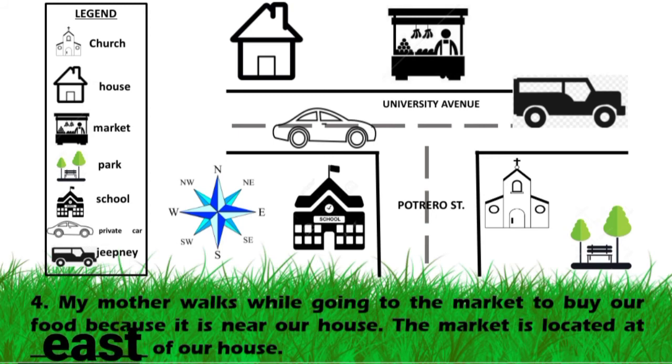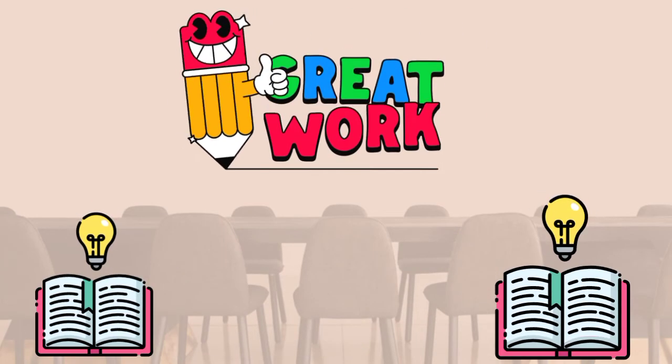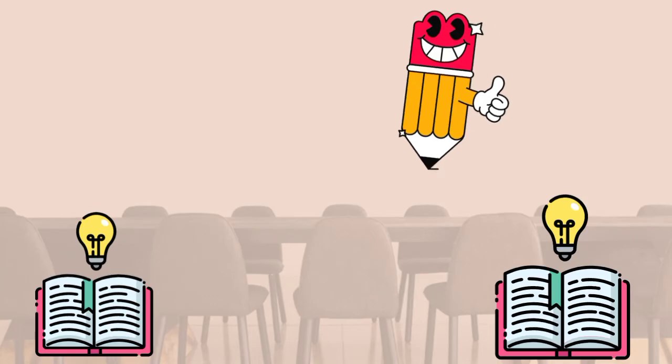The answer is east. Number 5. Our family goes to church every Sunday. It is on the blank of our house. Correct. The answer is southeast of our house. Very good, kids. All of you did a great job.